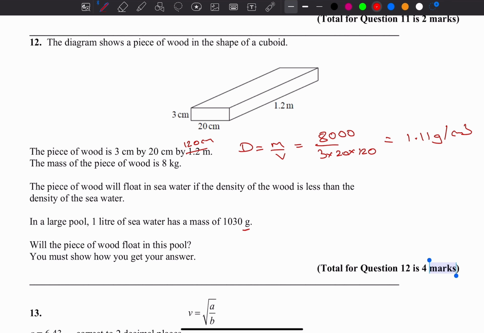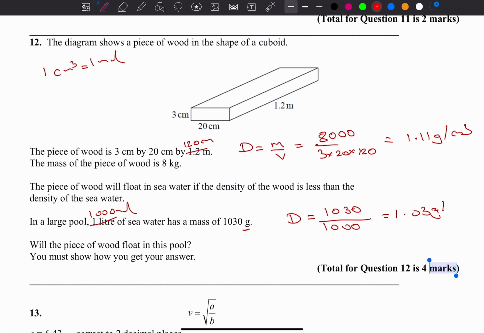Because remember, 1 liter is 1000 milliliters. And density is mass over volume. Mass is 1030 divided by the volume is 1000. The reason is 1 centimeter cube is literally 1 milliliter. So if you're going to go centimeter, then you have to go milliliter. Which is actually easy. 1.03.